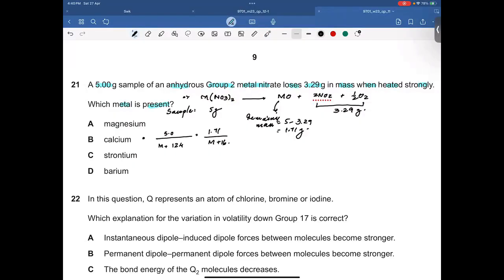After cross multiplication, I'll get this value: 5 into M plus 16 equals 1.71 times M plus 124.